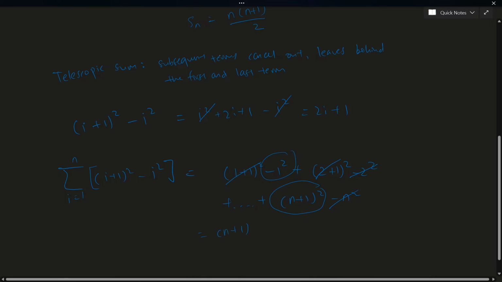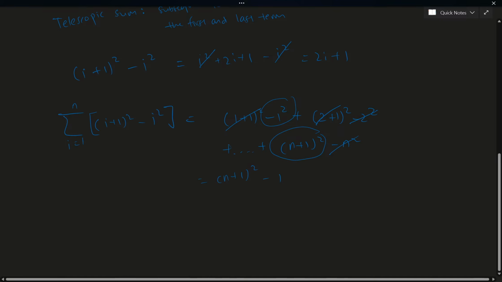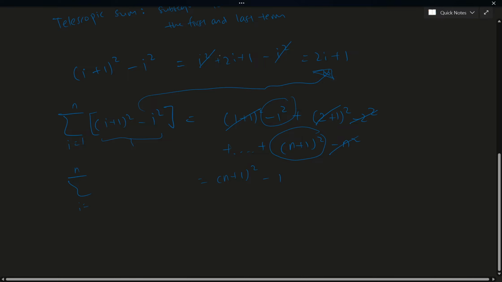So the summation of i plus 1 squared minus i squared is equivalent to n plus 1 whole squared minus 1. At the same time, we can re-express this equation as the summation from i equals 1 to n of 2i plus 1.